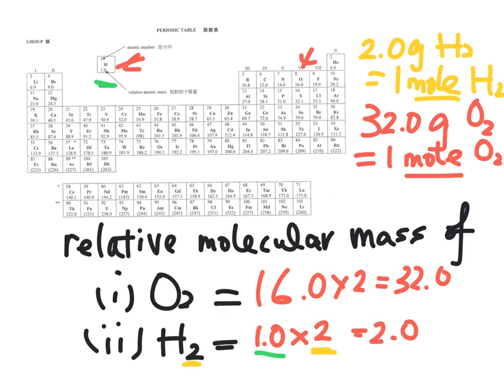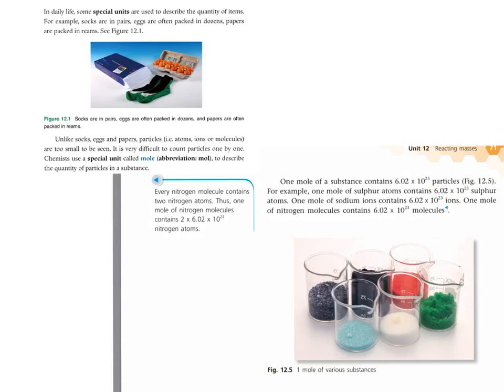But when you look at different elements, they have different relative molecular masses just because they have different masses of protons and neutrons. And what is the meaning of mole then? 1 mole of a substance contains how many particles?